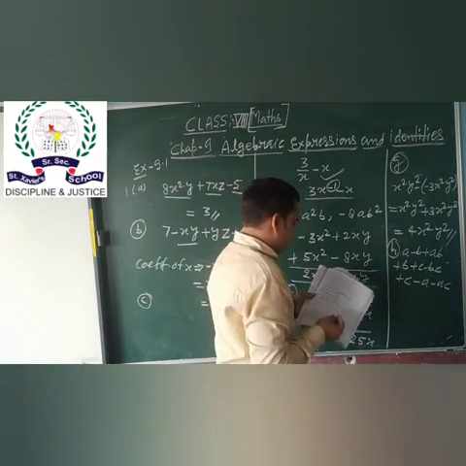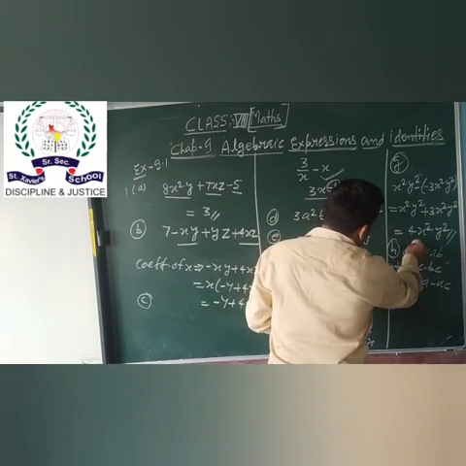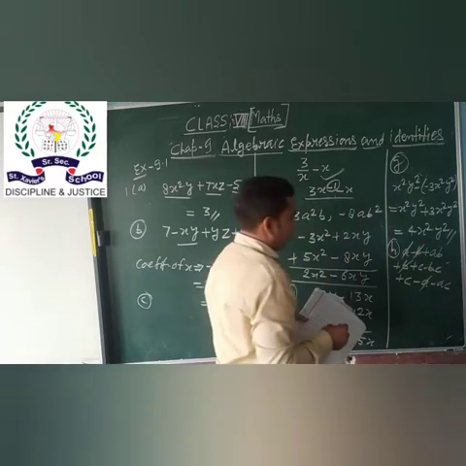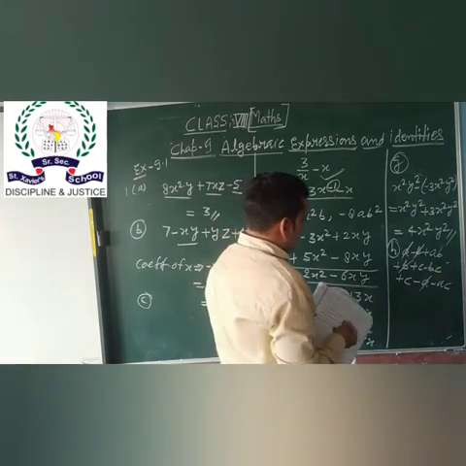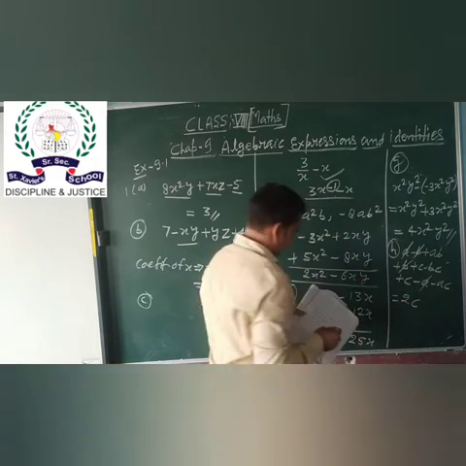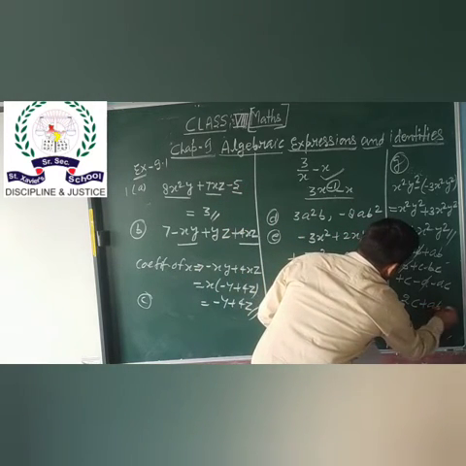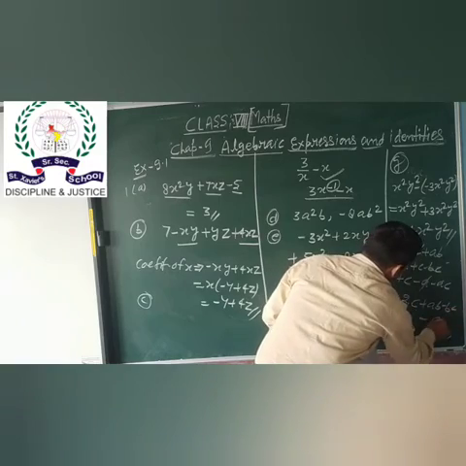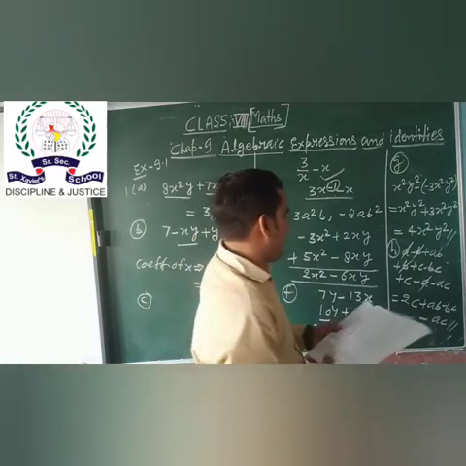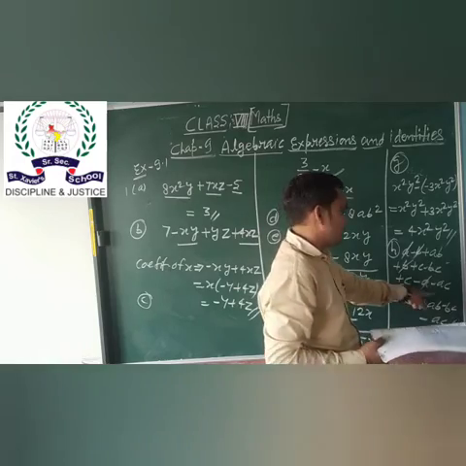Like terms are added: a positive and negative cancel out, b positive and negative also cancel out, c plus c equals 2c. Then we have minus bc and minus ac. So that is the sum of a minus b plus ab, b plus c minus bc, and c minus a minus ac.